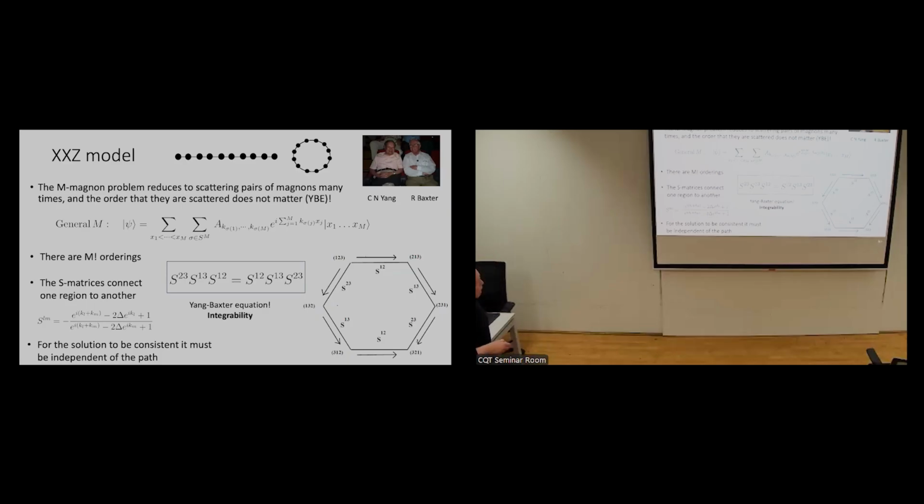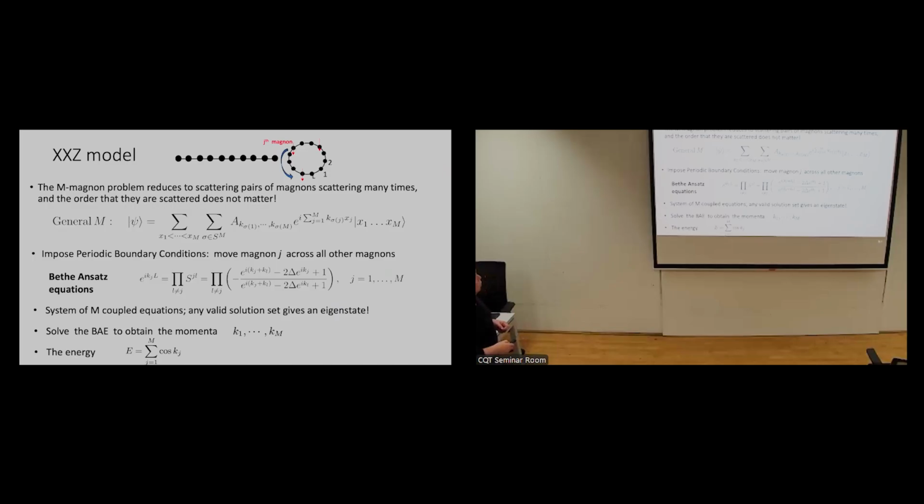So the Hamiltonian can be solved exactly for any number of particles n with m spins down and n minus m spins up, and we have a consistent solution. So that was what Bethe solved, and here you have Yang and Baxter, who first wrote down this consistency condition in a different context.